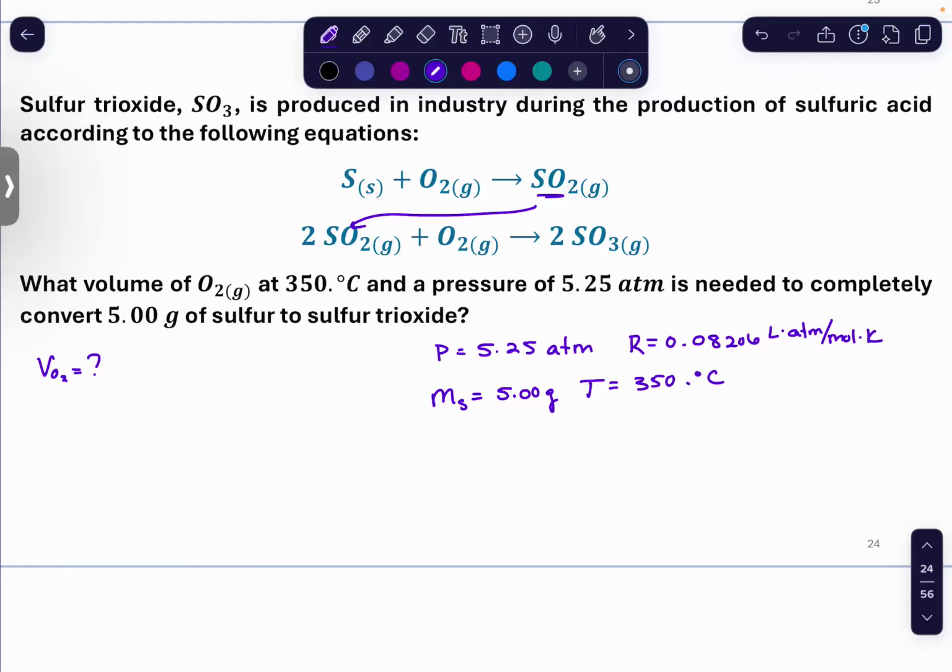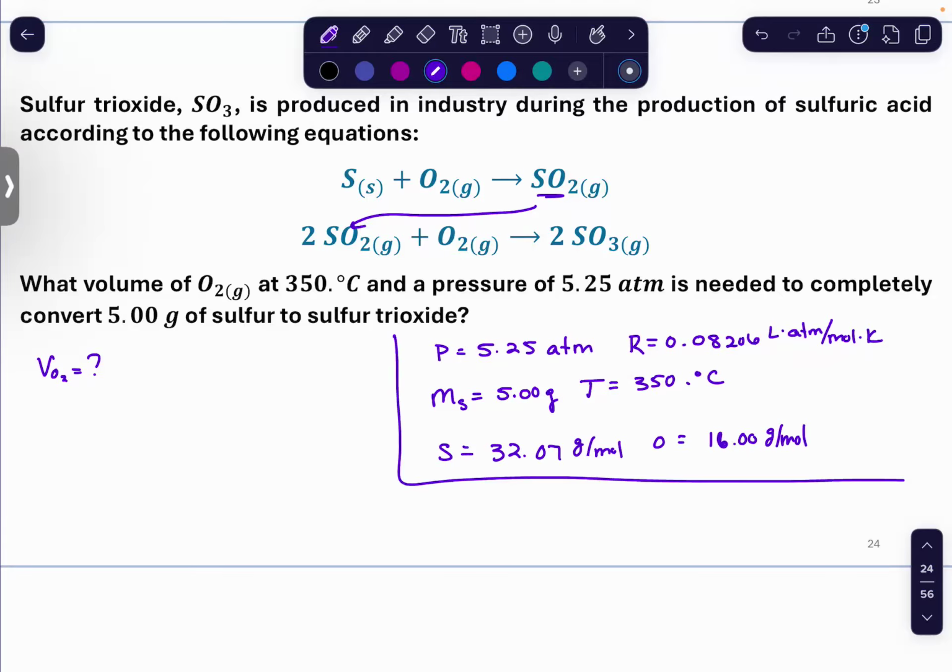So let's also get, so from the periodic table, I don't need phosphorus. Sulfur is going to be 32.07 grams per mole, and oxygen is 16 grams per mole. So here's a good list that'll help me solve the problem.